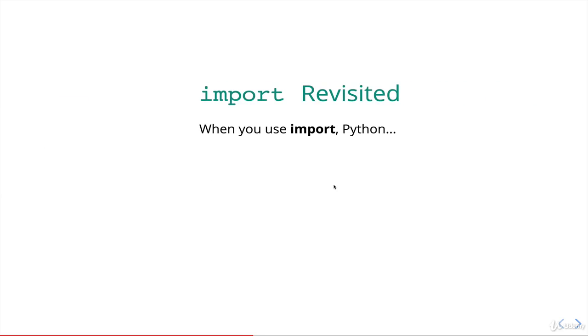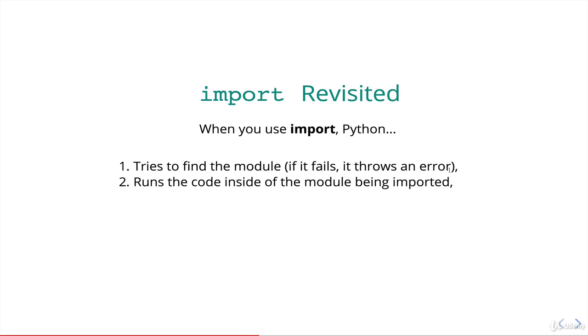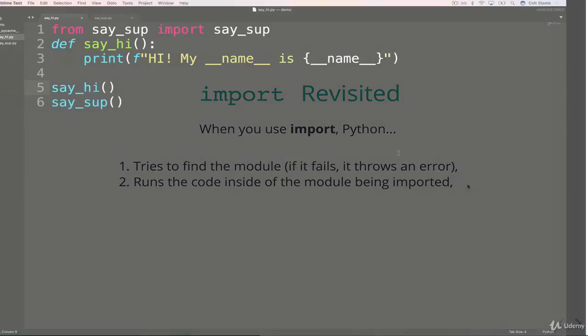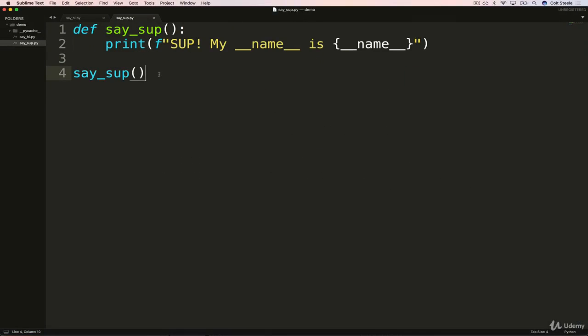Okay, so here's what happens when we actually import something. Python tries to find the module, so it's looking for a file called saysup.py. If it doesn't find it, it throws an error. But if it does find it, which is what happened in our example, it runs the code inside of the module that's being imported. So inside of say sup, remember I'm calling say sup.